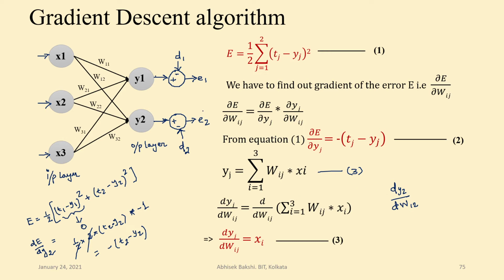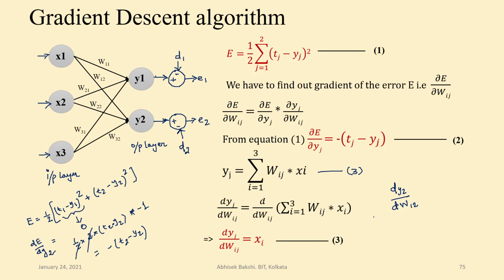This y2 means x1 into w12 plus x2 into w22 plus x3 into w32. So naturally, if you differentiate this y2 with respect to w12, only w12 will not be constant at that time. Other w's, that is w22 and w32, will get cancelled out because they are constant with respect to w12.